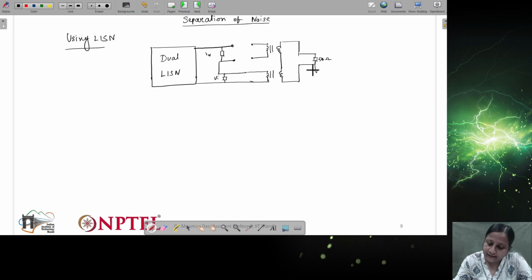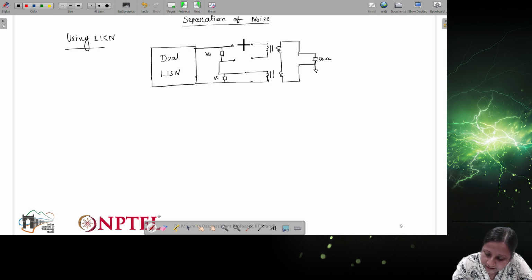Now you can see here this is Vn. Here, two points are there, so the switch can be connected like this or this, that is, 1 or 2. Similarly, this will be connected like this or like this, 1 or 2 point.